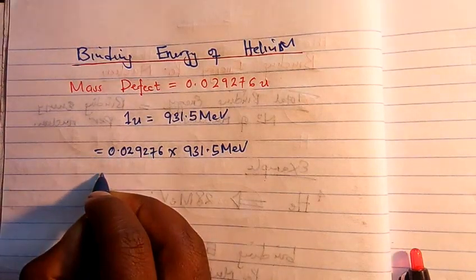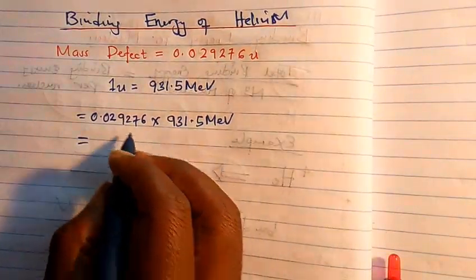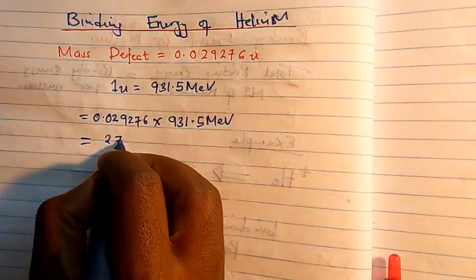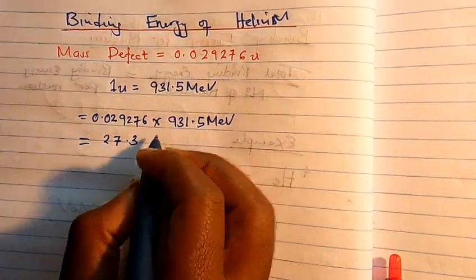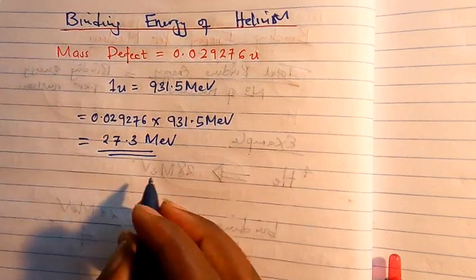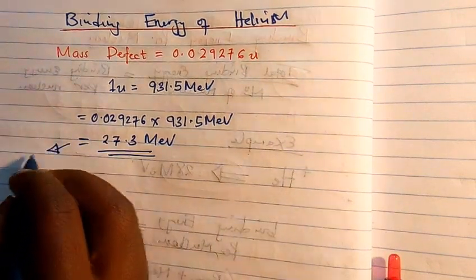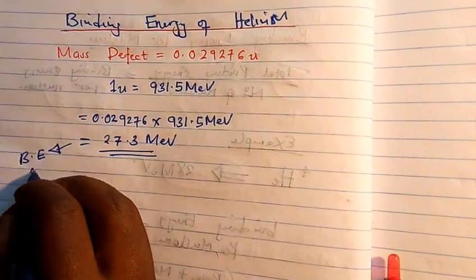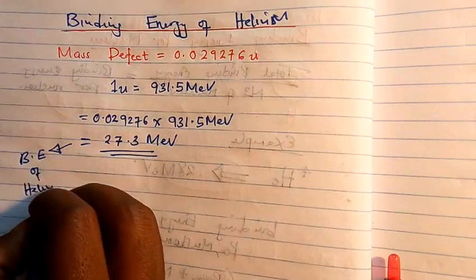After we multiply this, you get the answer to be 27.3 mega electron volts. So that would be our binding energy. This is what we call the binding energy of helium.